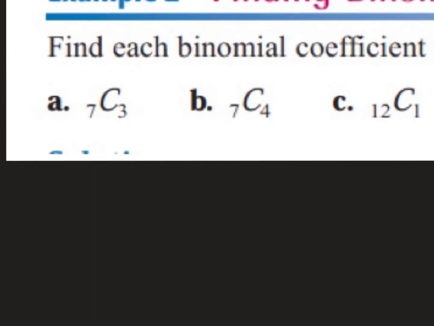All right, so for letter A, my n is 7, my r is 3. So I have 7 factorial over 7 minus 3 factorial times 3 factorial.